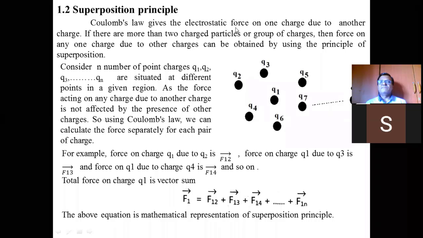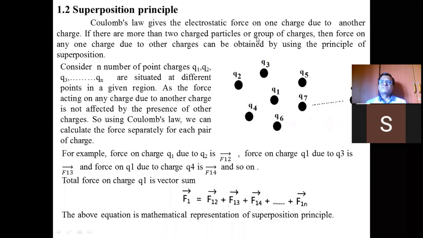Now, Coulomb's law gives the electrostatic force on one charge due to another charge. If there are more than two charged particles or a group of charges, then the force on any one charge due to all other remaining charged particles can be obtained by using the principle of superposition.